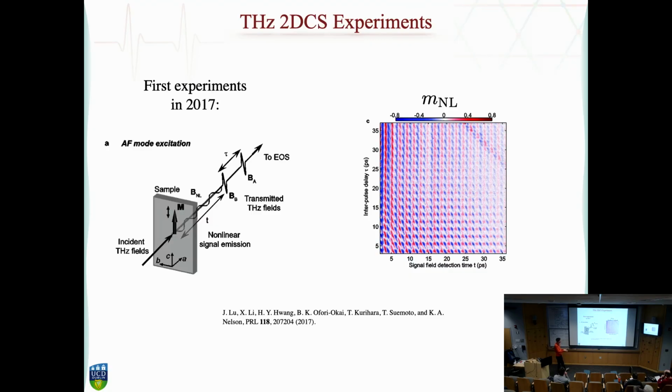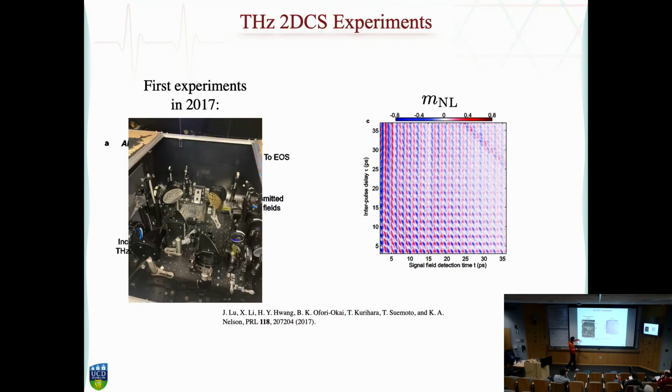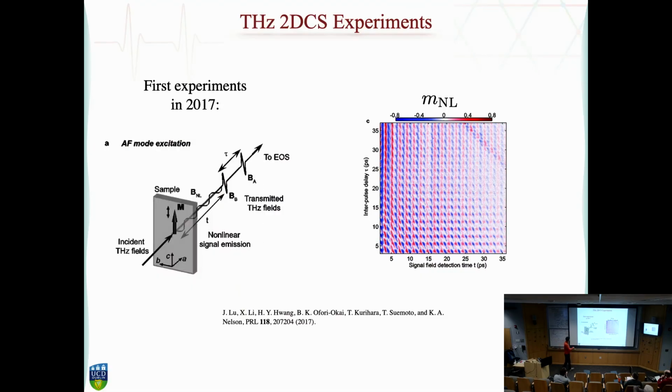There's an optical element here. Beforehand, they used an optical probe pulse to measure the electric field of the nonlinear magnetism that's induced, and then for each tau, you basically have to step along and measure it.